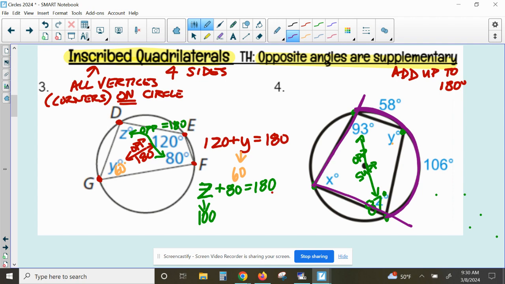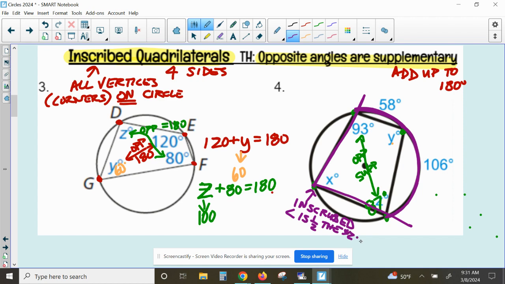Who remembers what kind of angle this is called? It's not central. It is called an inscribed angle, remember? Inscribed. And we learned something about inscribed angles, that the angle is 1/2 the size of the arc, right?